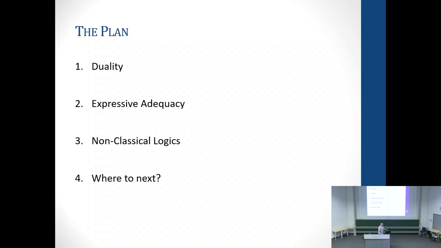And you get some fun stuff when you give up some or all of these. So I'll just kind of mention them. The slides have links to Stanford Encyclopedia articles if you're interested to find out more about them. But it's just a kind of like, hey, here's some more cool Pokemon. Go look at them. Rather than anything deep and dark. So that's the plan. Let's start by talking about duality.